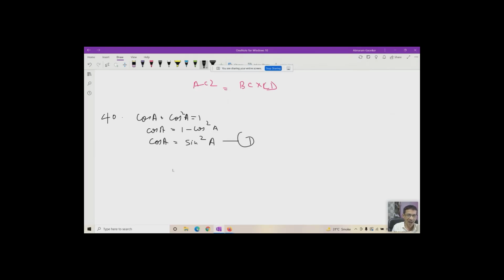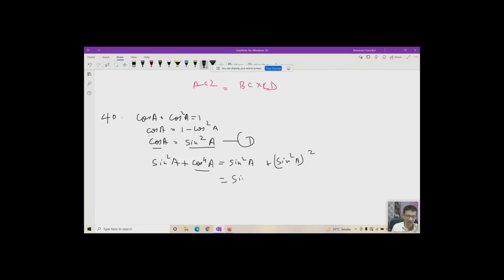So now we have to find sin square A plus cos raised to 4 A. See, cos A is sin square A. So I will write cos raised to 4 A as sin square A the whole raised to 2.